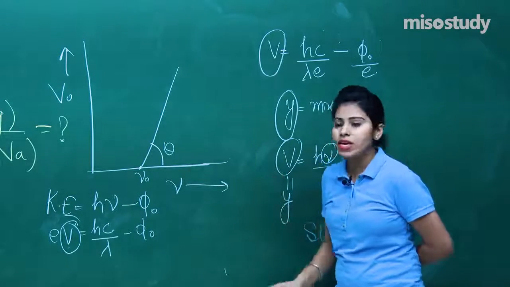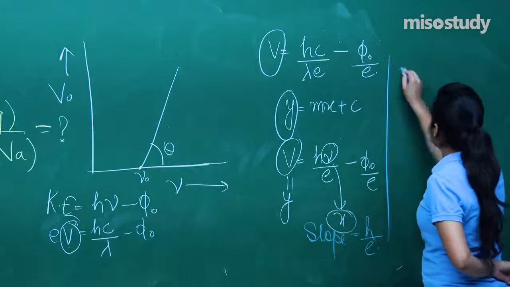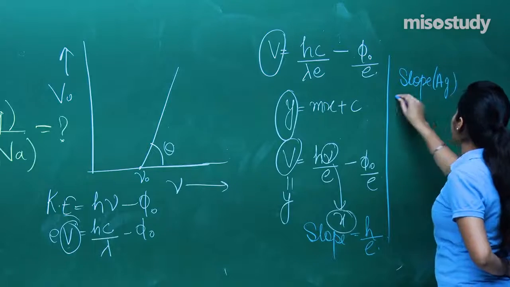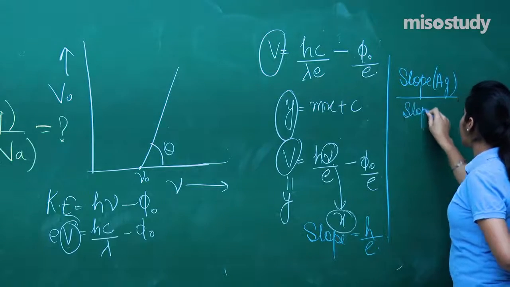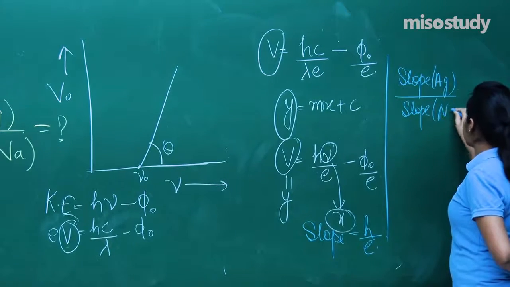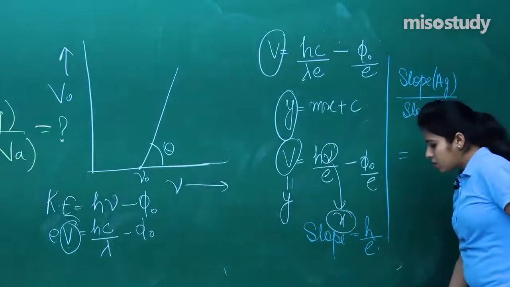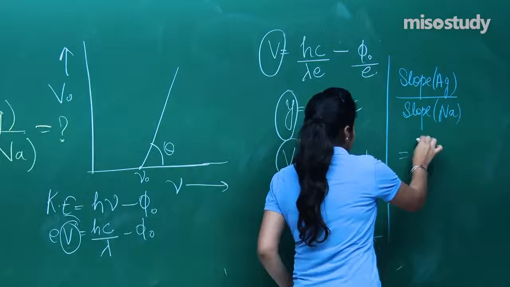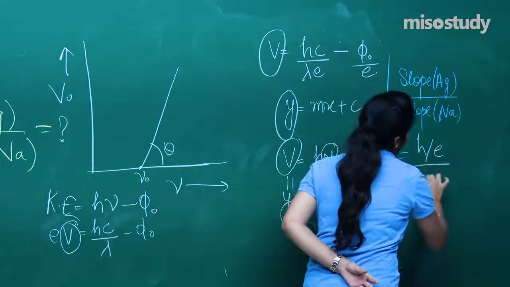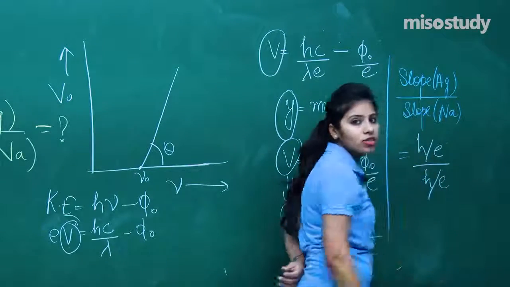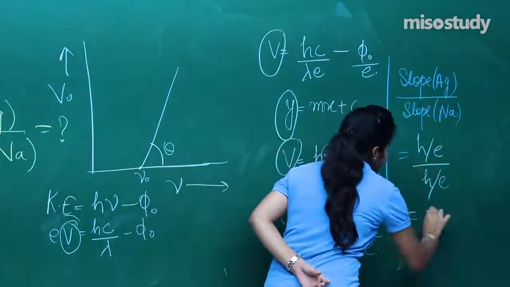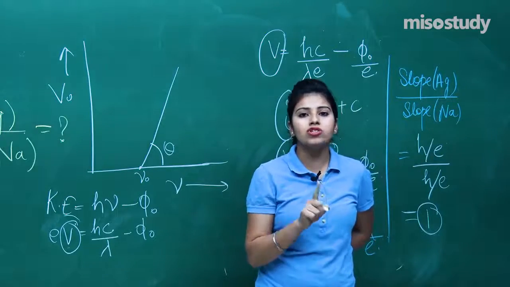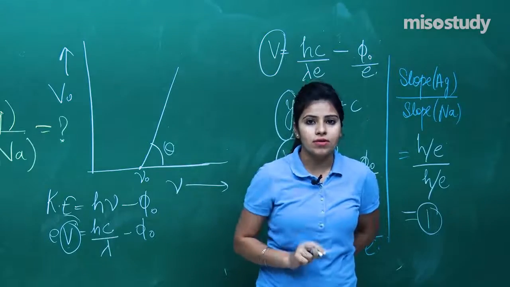So we can say that the ratio of the slopes for sodium and silver would be the same, that means h by e upon h by e, because this is a constant term. So their ratio has come out to be 1. So your answer for the question is 1, right?